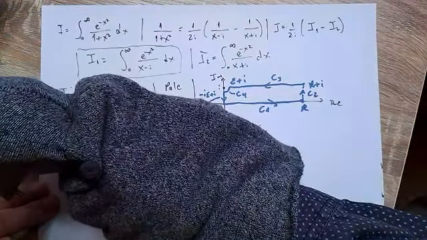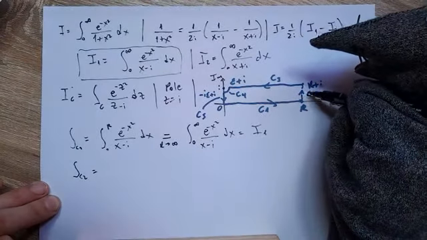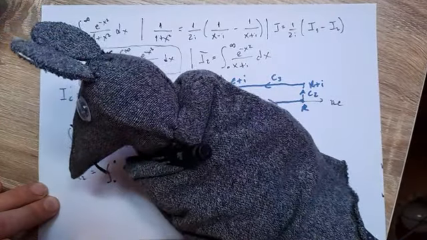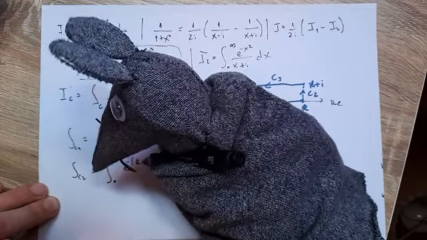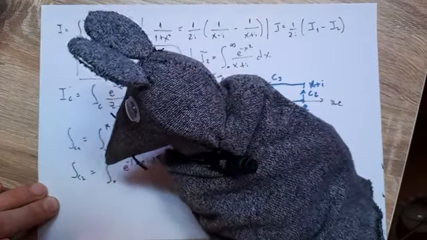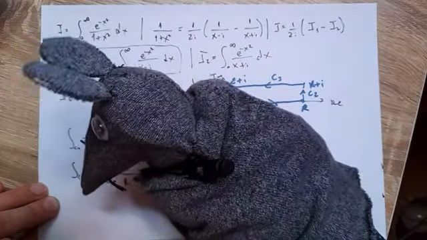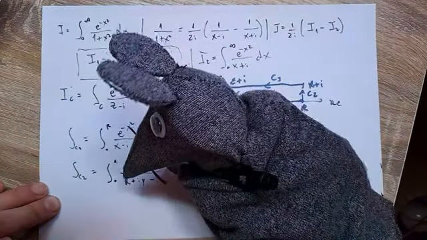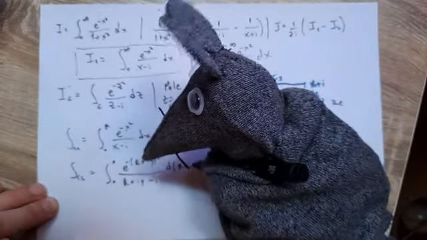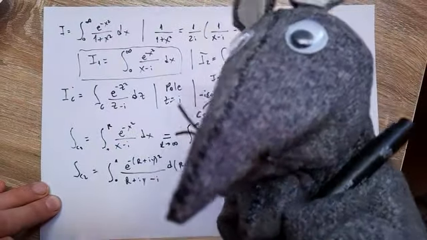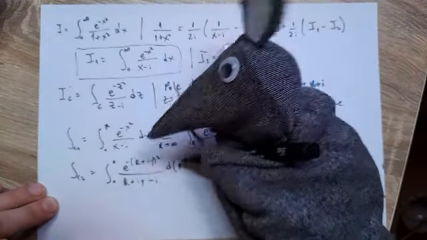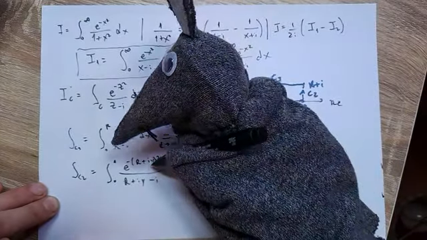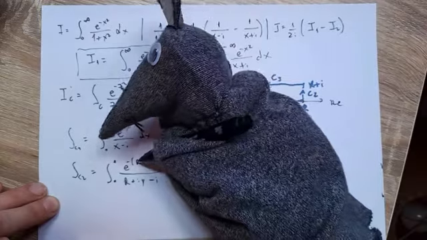The integral on C2, on this segment here, will be the integral from 0 to 1 of e to the minus (R plus iy) squared over R plus iy minus i, times the derivative of R plus iy. The derivative is just i.